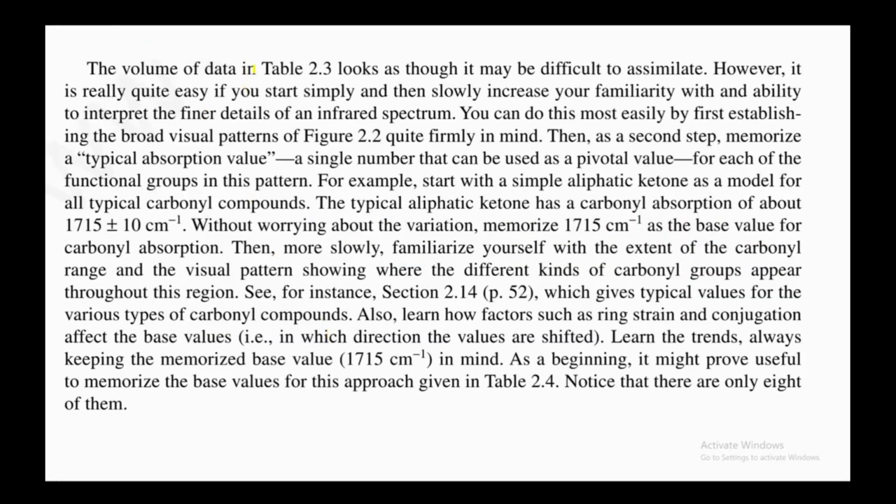The volume of data in Table 2.3, this is Table 2.3, we are coming there, looks as though it may be difficult to assimilate. It's difficult to digest. However, it is really quite easy if you start simply and then slowly increase your familiarity with and ability to interpret the finer details of the IR spectrum.